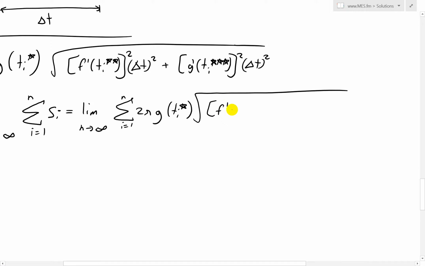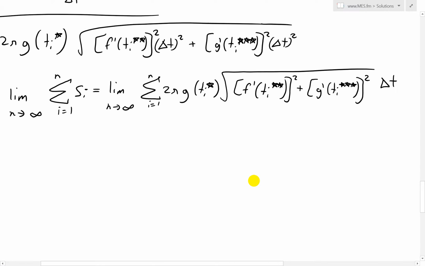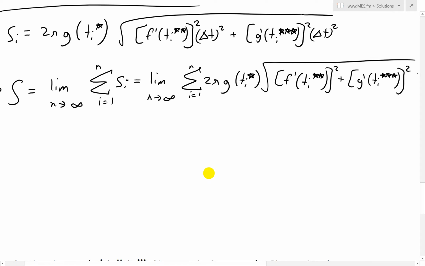So now we have f prime of ti double star squared plus now this part, g prime of ti triple star squared, and then the delta t, we factored that out, delta t squared, and then we square root it, so we just get delta t on the outside like that. So there is what we have. It looks like a Riemann sum.